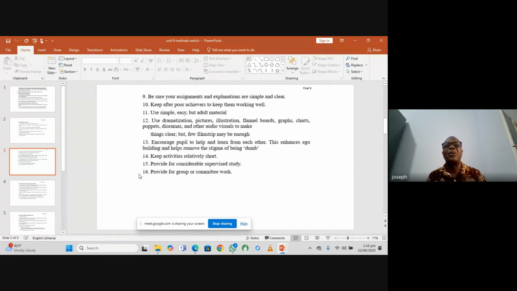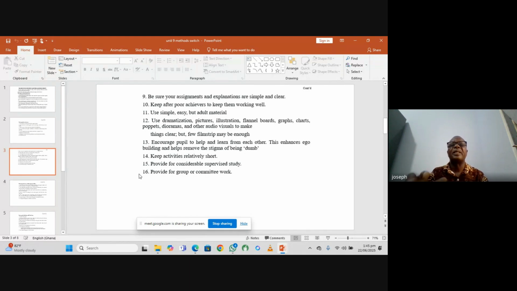Keep after poor achievers to keep them working well. Monitor them to make sure that they are doing well. Use simple, easy, but adult materials in teaching them. Even though they are the poor achievers, don't use child materials in teaching.